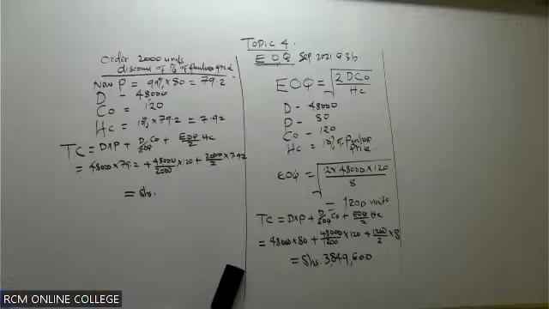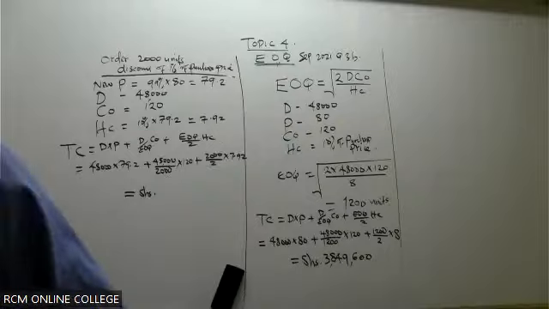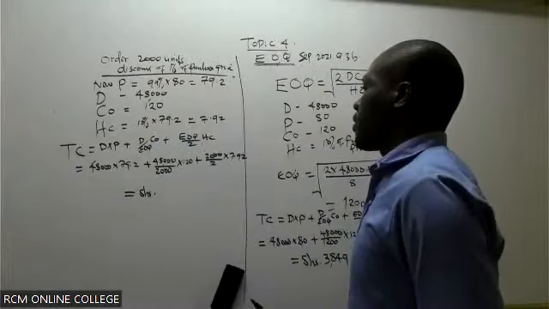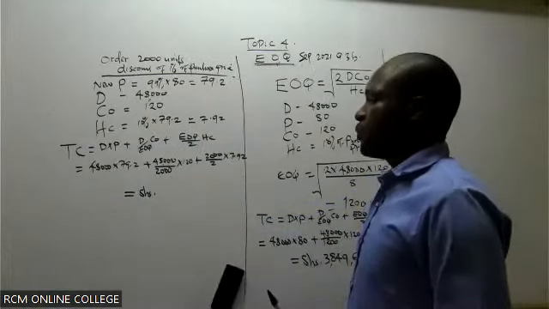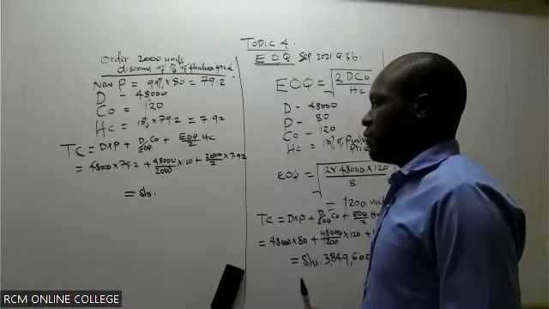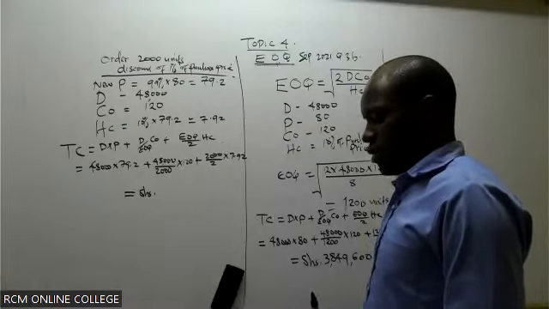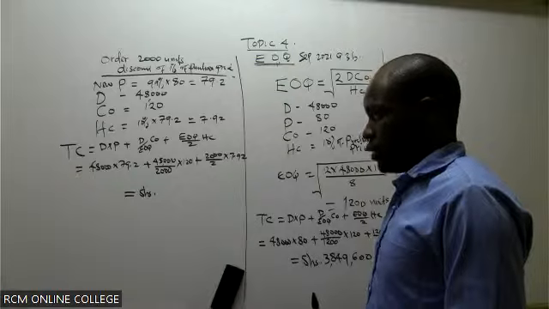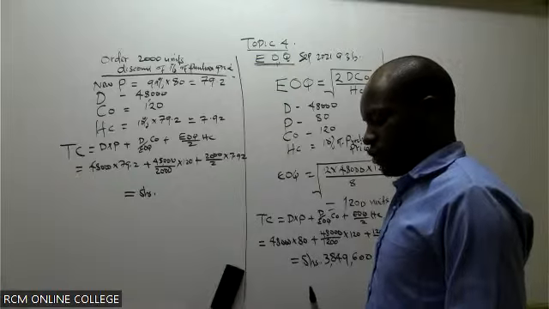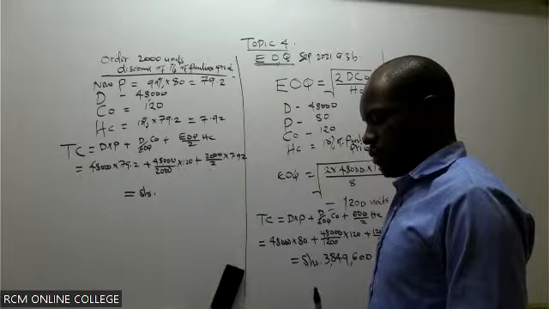I have to intervene and see who is right and who is not doing the right thing. So if I deal with this one here, we have 48,000 divided by 2,000, we multiply by 120.